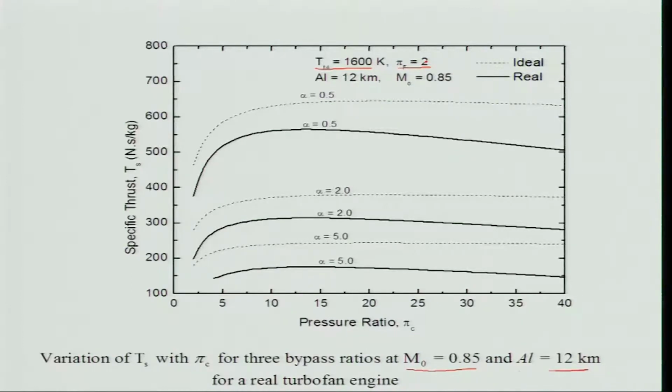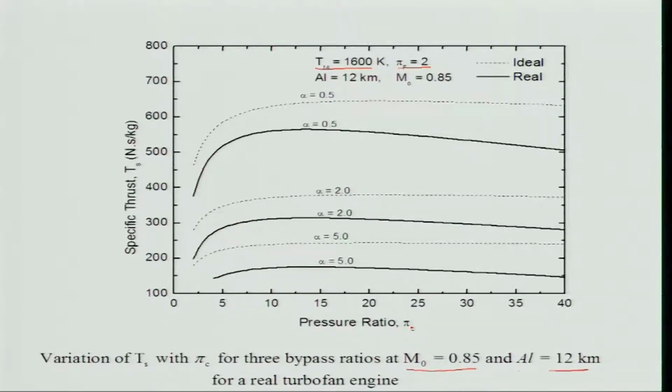We are varying the bypass ratio over 0.5, 2 and 5, but you can vary it. If you write a program, just give the values and it can calculate for you. Here what I have plotted is the specific thrust versus the pressure ratio across the compressor.